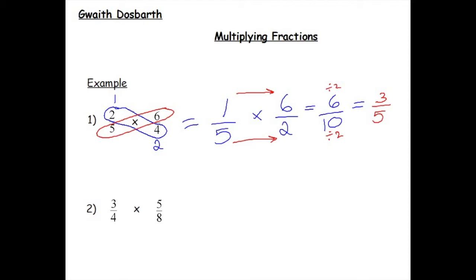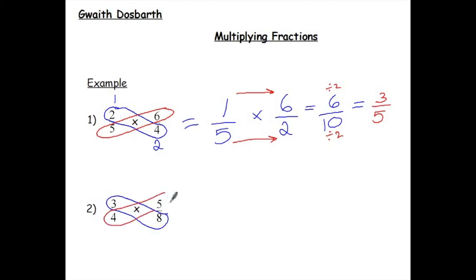If you look at the second example, we have 3/4 multiplied by 5 over 8. Again, we'll circle opposites, the top and bottom numbers of the fractions, sorry. And 3 and 8, no number other than 1 goes into those, so there's nothing we can do there.